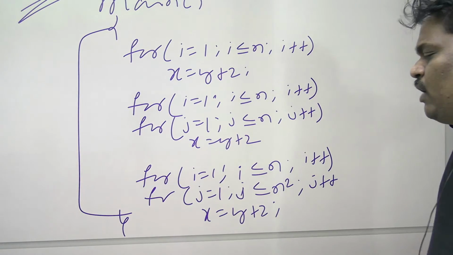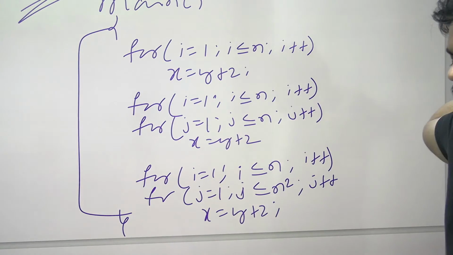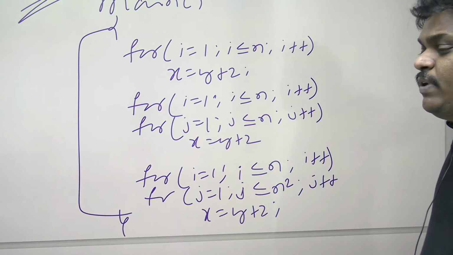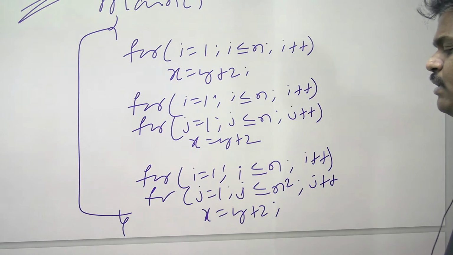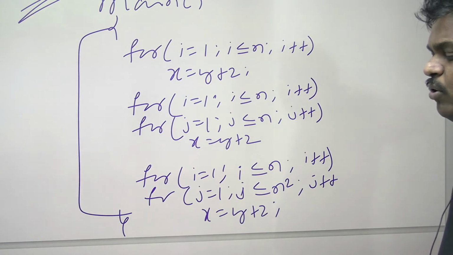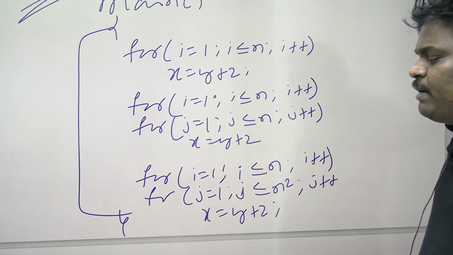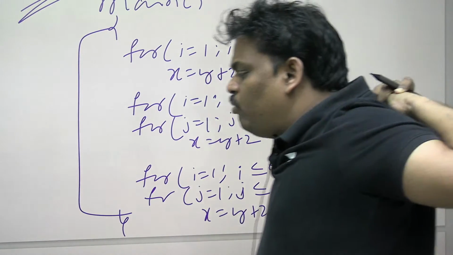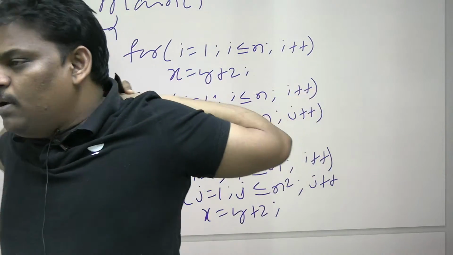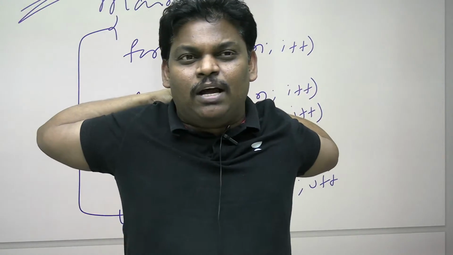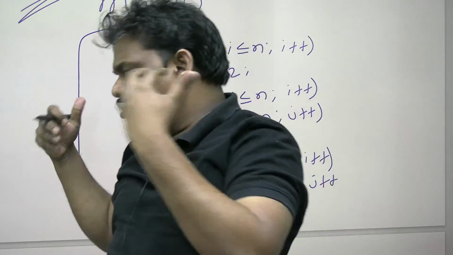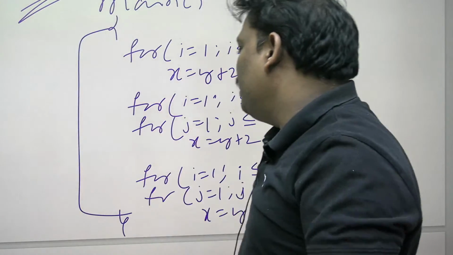Next, how many times every statement is executing, because that statement may be inside the loop. After identifying the statements, go to every statement and see how many times it is running.